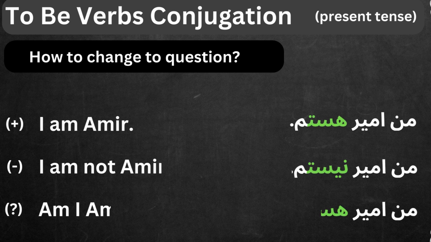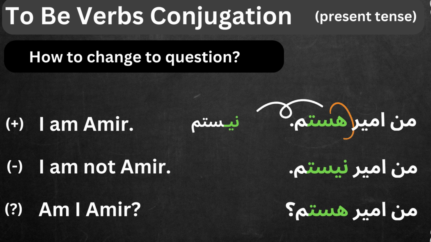How to change the to be verb into a question. Here we have an example. من امیر هستم. So to change into negative, we said we change ha to ni to create a negative sentence. من امیر هستم, which means I am Amir. من امیر نیستم, I am not Amir.